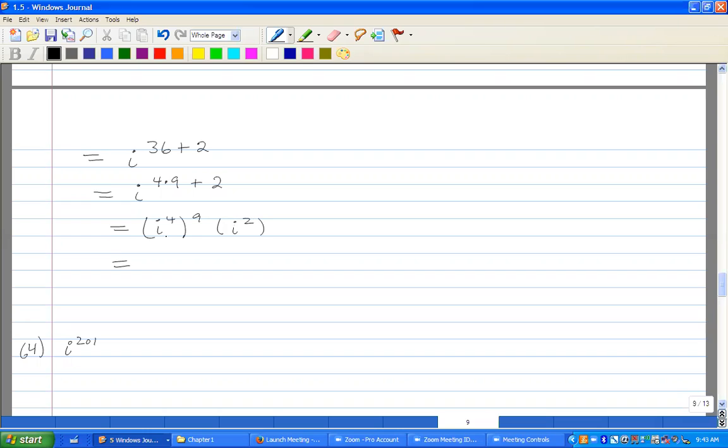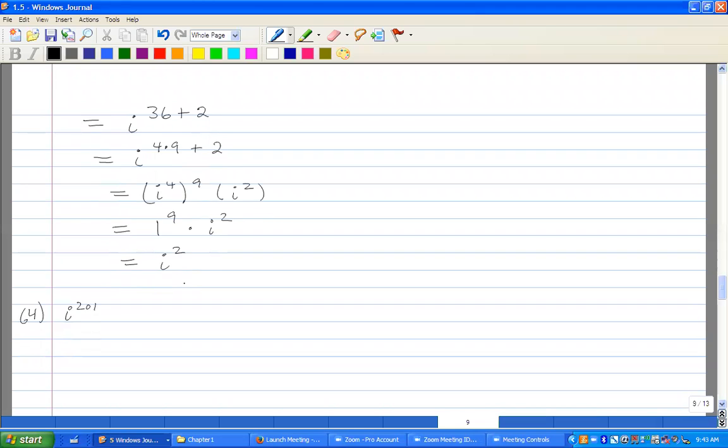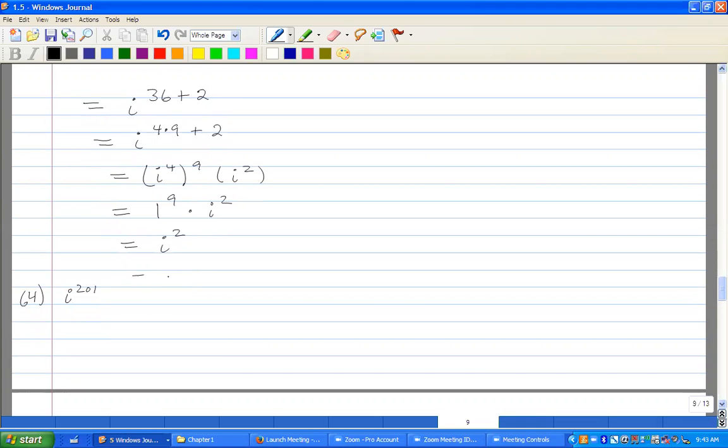I to the 4th, well, let me see. I squared is -1. So -1 squared is 1. So I to the 4th is 1. And I squared is just equal to I squared. But I know that I squared is -1. So my answer is -1.